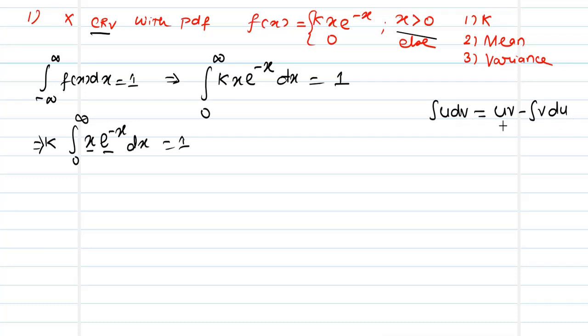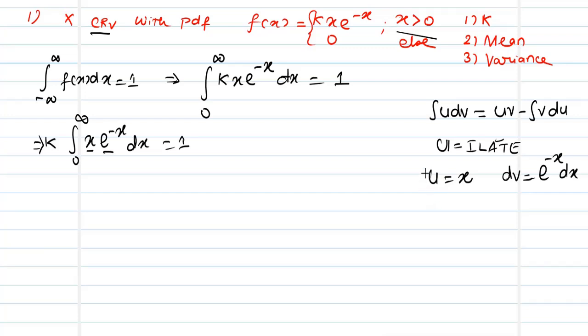When the higher powers go on, you can refer to this as Bernoulli's formula. u is always chosen by the rule ILATE, where I stands for inverse, L for logarithmic, A for algebraic, T for trigonometric, and E for exponential. Which comes first? Algebraic. So u is identified with x and dv is identified with e power minus x dx.